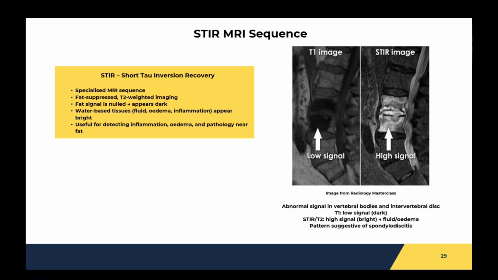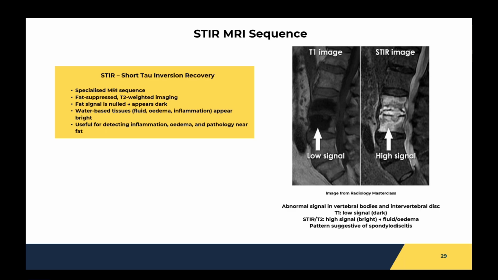What STIR aims to do is suppress fat signals, so a STIR image only shows water-based tissues as bright. It's really useful when you're wanting to detect inflammation, edema, and pathology near fat.